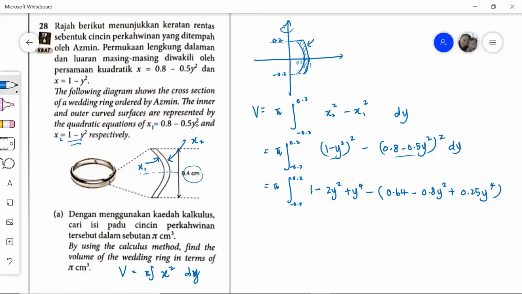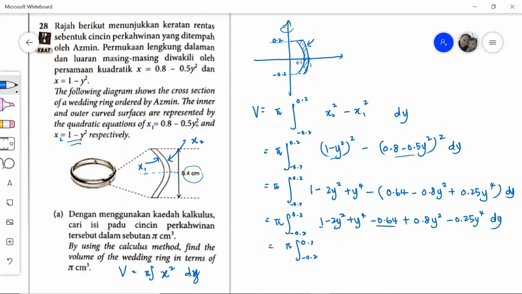I prefer to simplify it first before we integrate. So we have 1 minus 2y squared plus y to the power of 4 minus 0.64 plus 0.8y squared minus 0.25 y to the power of 4, towards the y-axis. Simplified again, the constant with the constant, so we have 0.36.